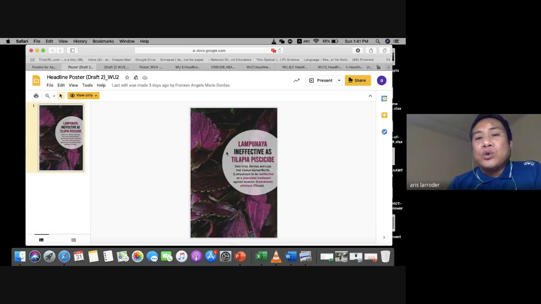We'll proceed to headline poster number 2, Lampunaya ineffective as tilapia pesticide. The goal of this study is, I mean, the event is for the school's consumption. So the school is located in central part of the Philippines, and everyone is familiar of lampunaya as well as tilapia.